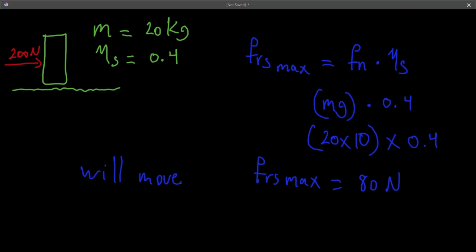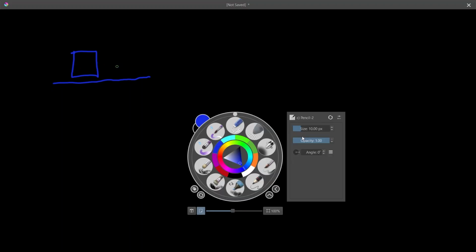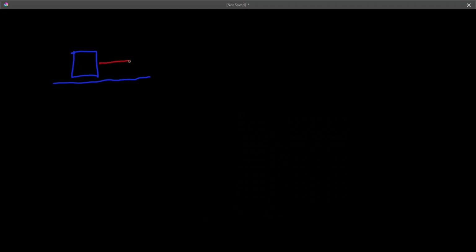This is another type of exercise that you can get in friction questions. Another type of question that they might ask is they might say, if I'm pushing an object, say I have a box, right? This box is on a surface of an unknown static friction, okay? And I'm pulling on this object with a force of, say, 50 newtons.